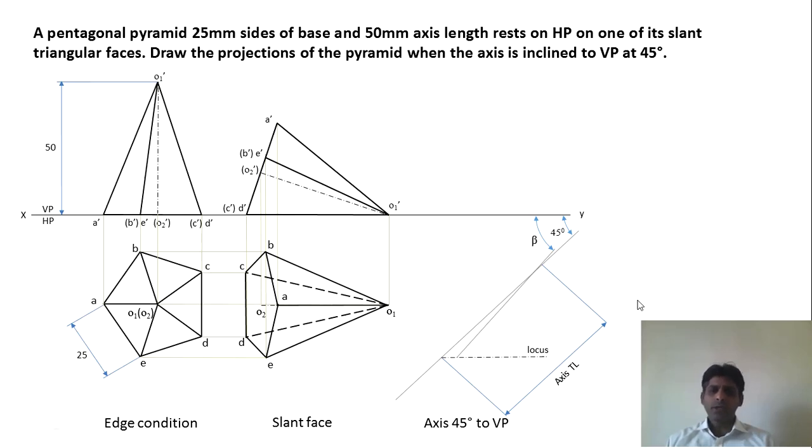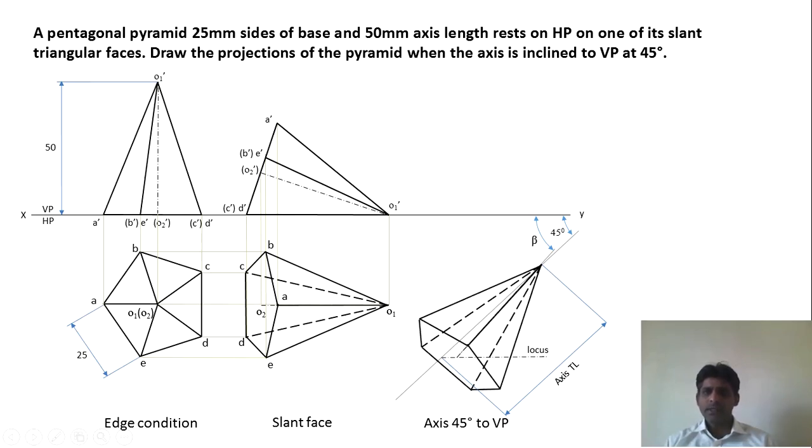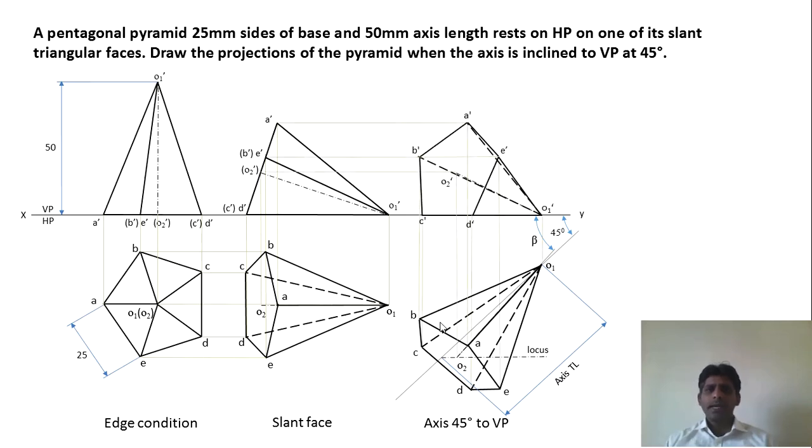And from now on the problem will again be very similar. The reconstruction has to be done on the apparent inclination line and not on the 45-degree line. In this case, that is the only difference. And you reconstruct all of this. The reconstruction has been explained in the previous problem. Obtain all the points and obtain this view.